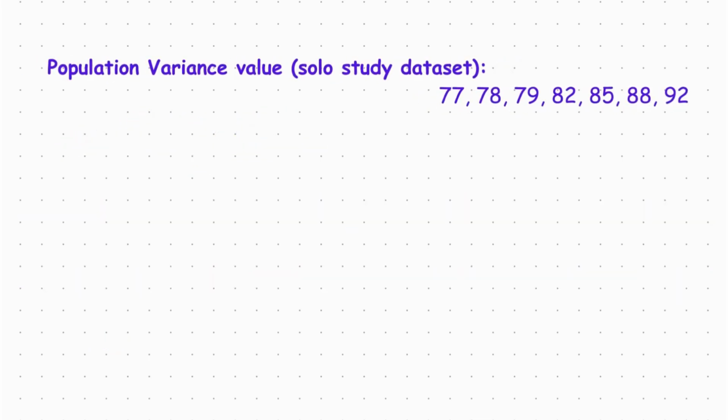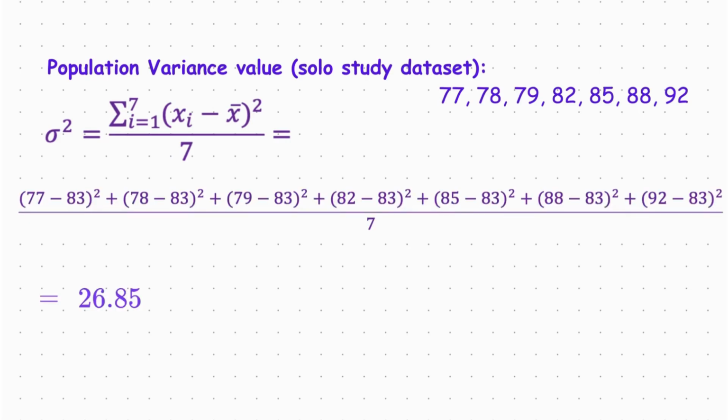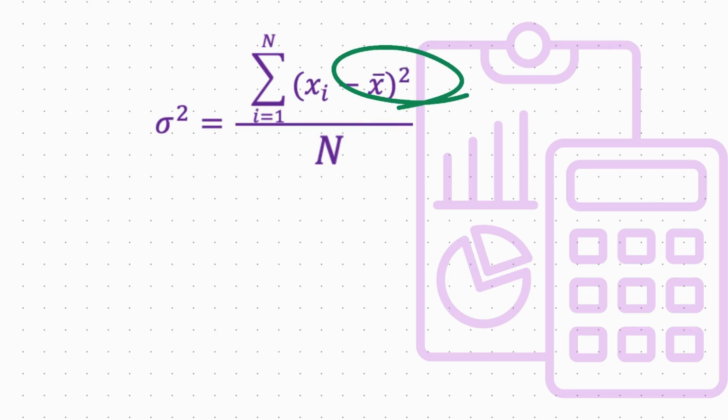Doing the same calculation for the other data set, we will get the number 26.85, the population variance for the solo study data set. As you remember, in order to avoid getting a zero value for the variance, we decided to square the differences.